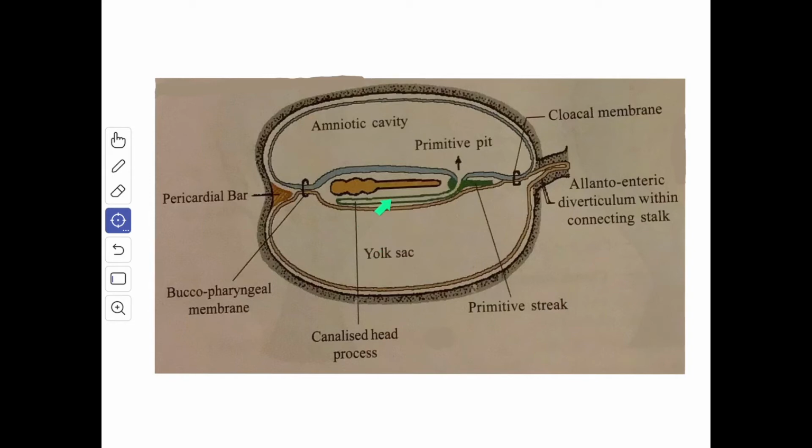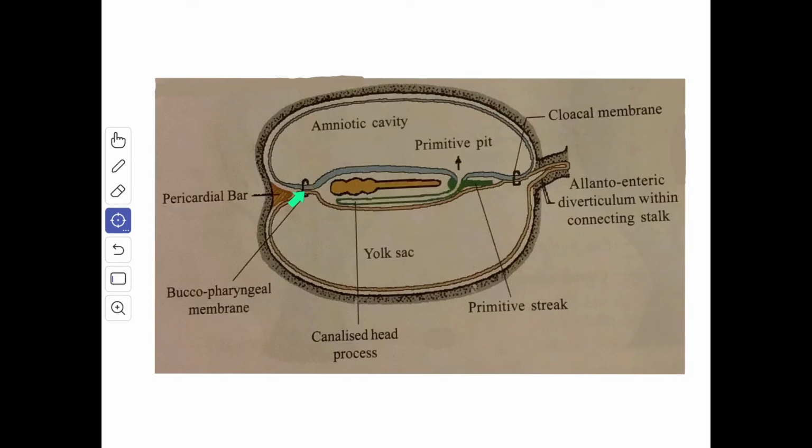This canalized cellular cord is known as the notochordal or head process, which becomes distinguishable on the 17th or 18th day of development. The notochordal process cannot extend headward beyond the precaudal plate because here the ectodermal and endodermal layers are intimately blended.